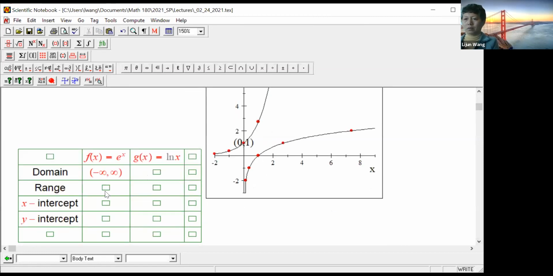Domain, range, right? We have a one sentence description for domain and range. And what is the domain for ln x? Greater than 0. And the range, all real numbers.